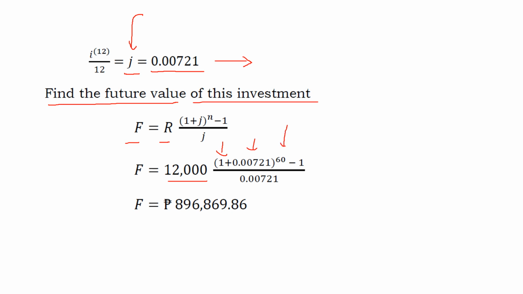Why 60? Because 5 multiplied by 12 represents the monthly payment interval, minus 1, all over 0.00721. Our future value for this second offer is 896,869.86 pesos.